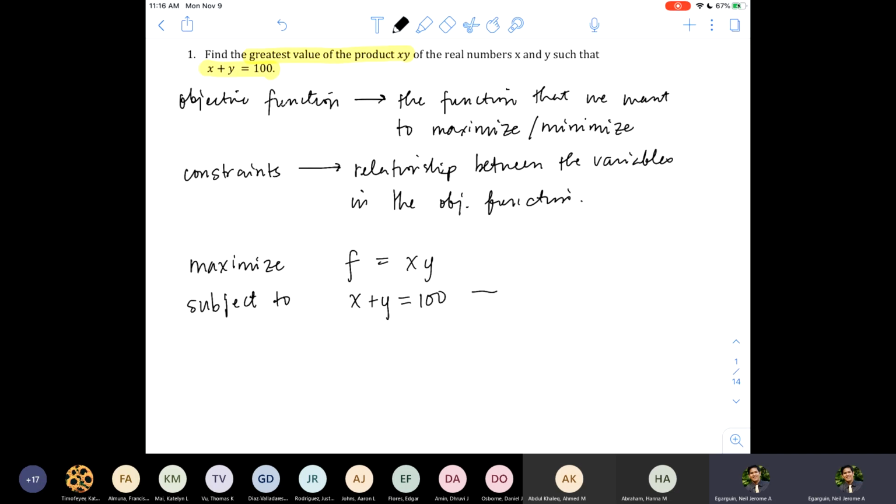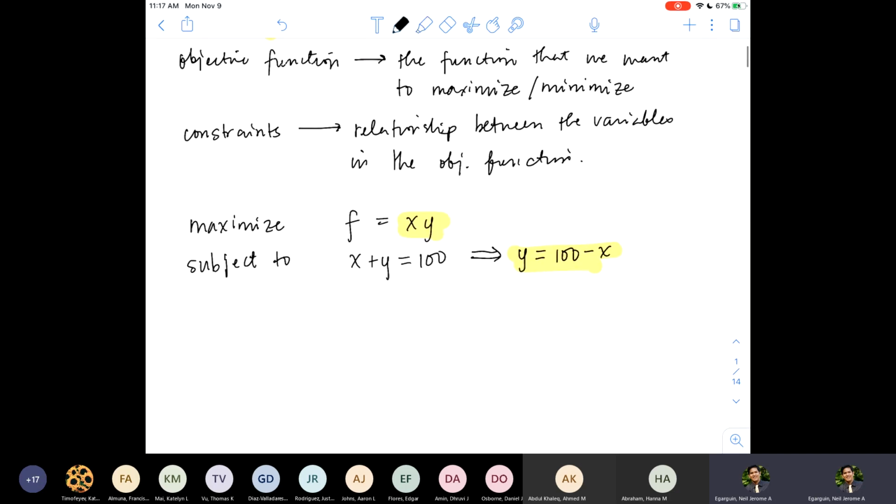But this tells me, okay, so if x plus y is equal to 100, then I can write y as 100 minus x. And what I'll do is I'll use this constraint and plug it into my objective function, and you will see what will happen. The function f can be written in terms of the single variable x, right? So now we can say that this optimization problem is equivalent to maximizing f of x.